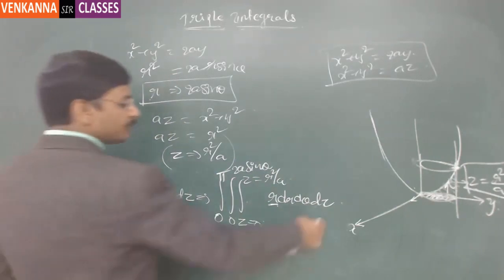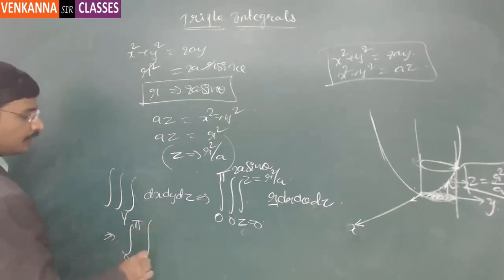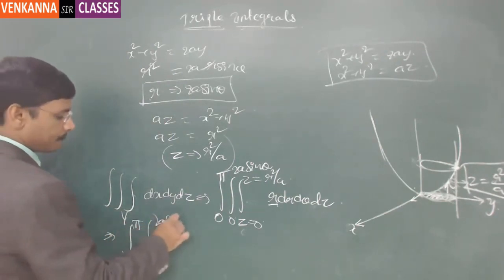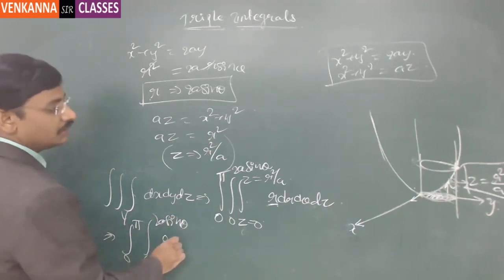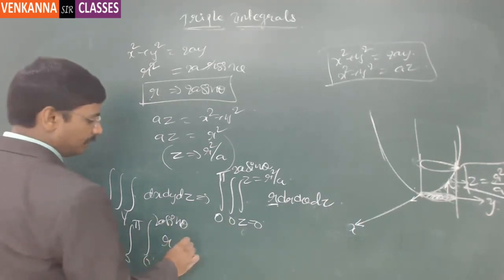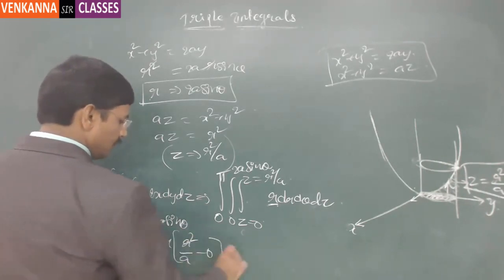Now, with respect to dz, this integral will be integral 0 to pi, integral 0 to 2a sin theta, and then r into integral dz, which is z, with upper limit r square by a minus 0. So this is r cube by a.